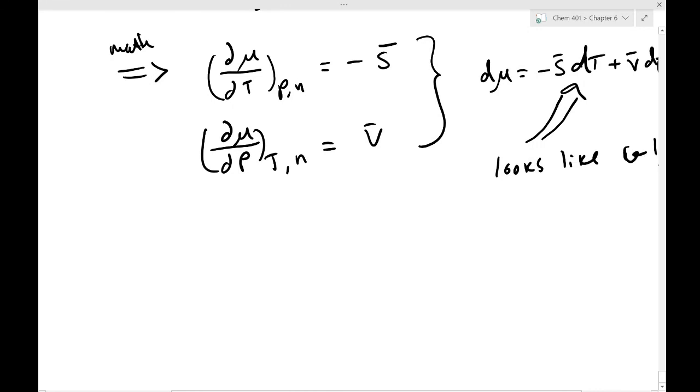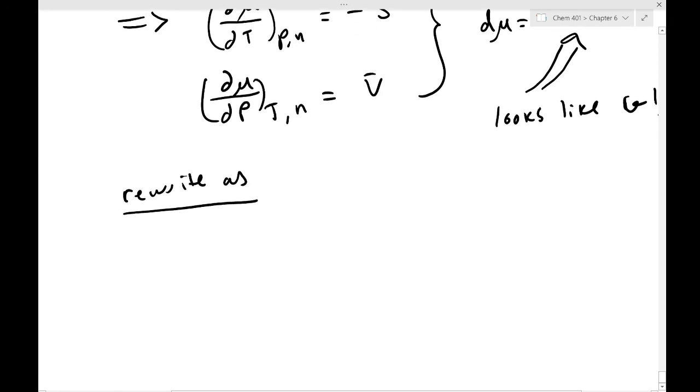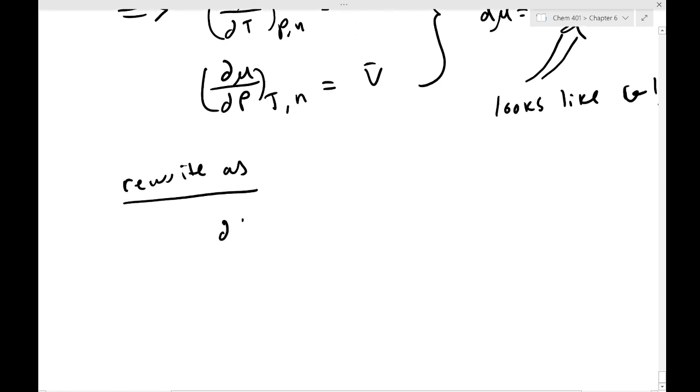And we can rewrite it in terms of delta mu.